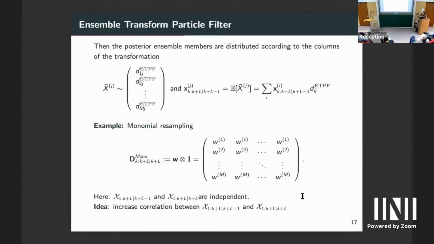What you would want is that they are highly correlated, because you assume, and this is the general idea not coming from the data assimilation community, that your model is pretty good. You know that there are a lot of issues, but generally you trust the model. So whatever the model suggests, you think it should be somehow correlated with where you're trying to get to.